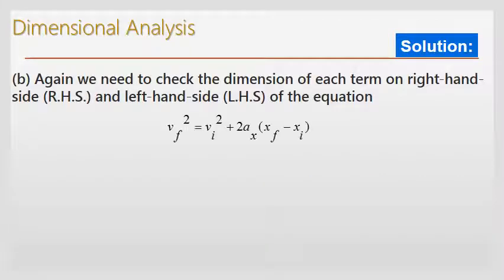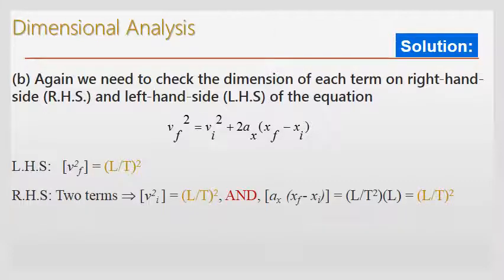In part B, on the left-hand side, the square of the final velocity has the dimension of L squared over T squared. On the right-hand side, again, we have two terms. The first term gives us the dimension of the square of the velocity, which is L squared over T squared. And the second term is the product of acceleration and displacement.